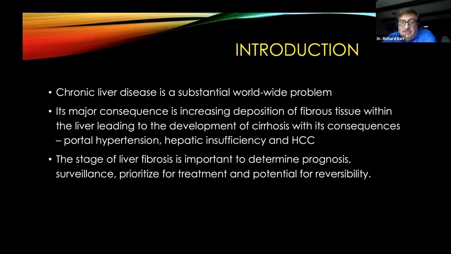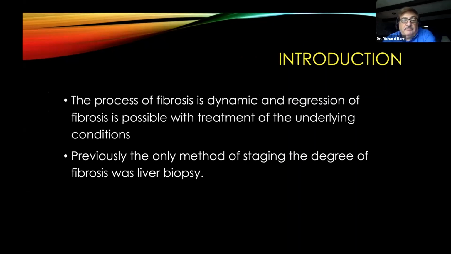Now we know that there's the potential for reversibility. And the process of fibrosis is dynamic, and regression of fibrosis is now possible if we treat the underlying conditions appropriately. And previously, the only method of staging the degree of fibrosis was liver biopsy.